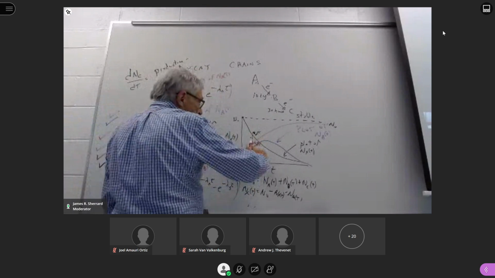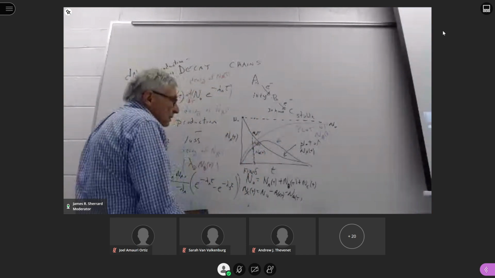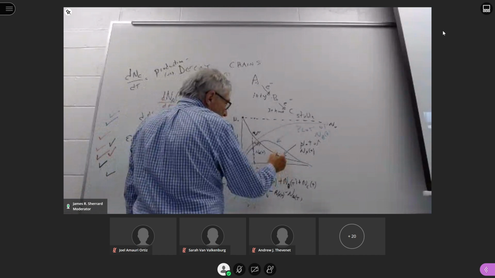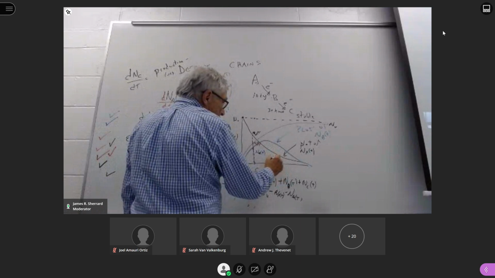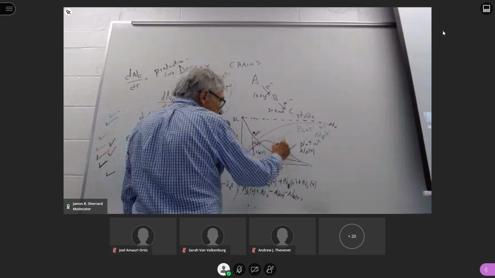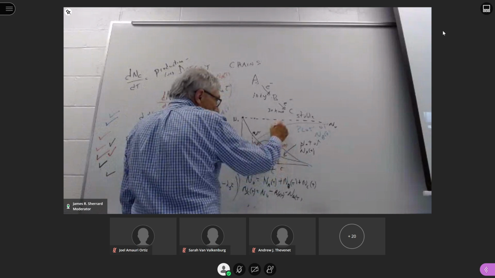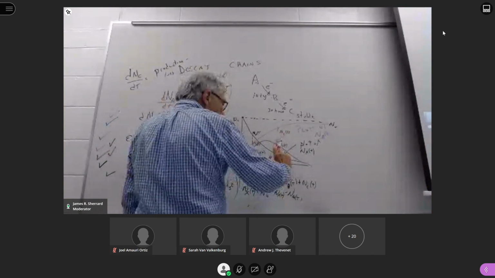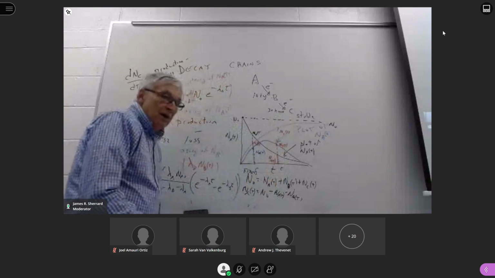And if we add this, we will get this total. Likewise, if we came out here at some particular time, that's the number of A's with respect to time. This is the number of B's with respect to time. This is the number of C's with respect to time. And if I add this and this to this, I'll come up with this total.